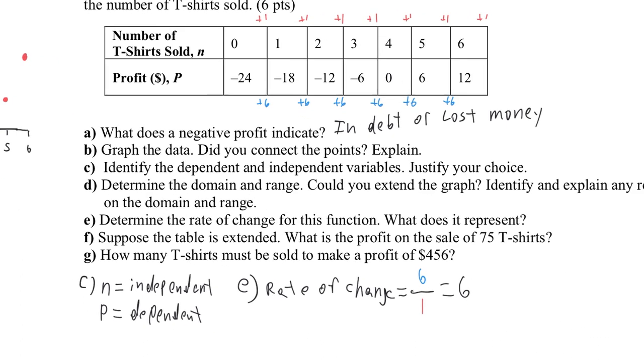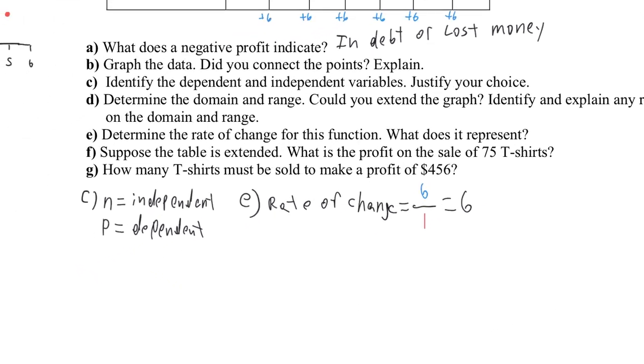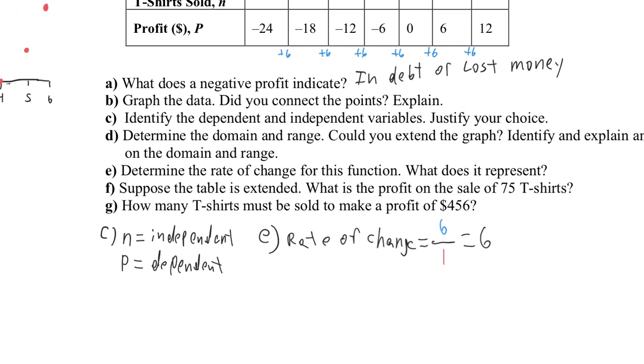Now, the domain and range. For D, domain and range, the domain is all of the values of X. So we have 0, 1, 2, 3, 4, 5, 6.